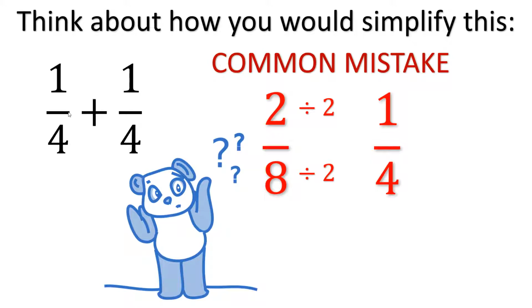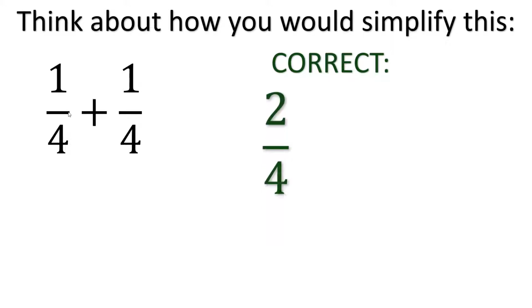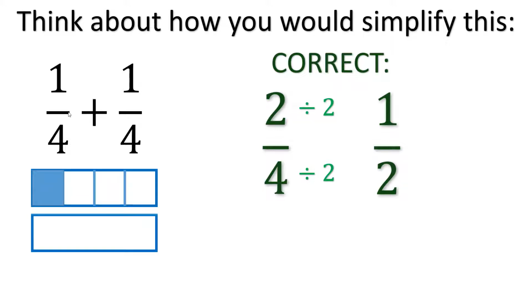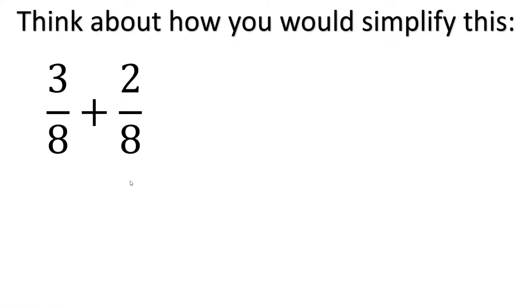So, reasonableness. The right way to do this is you add the numerators and you keep the denominator the same. Now if you simplify it, you will get 1/2. And 1/4 of something plus 1/4 of that item is going to be half. If you took this square and filled it in up here, that would be half of the rectangle. Same thing here.